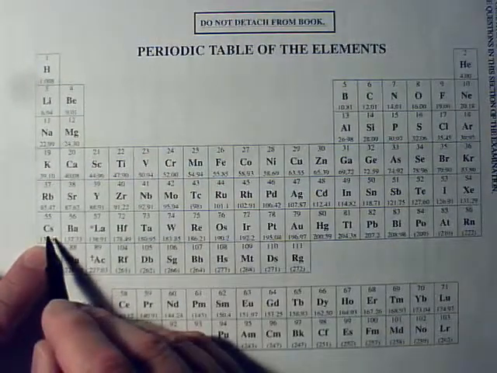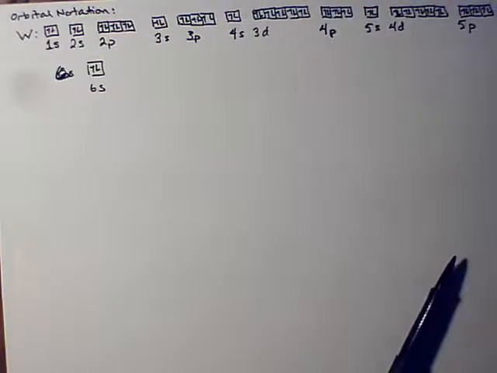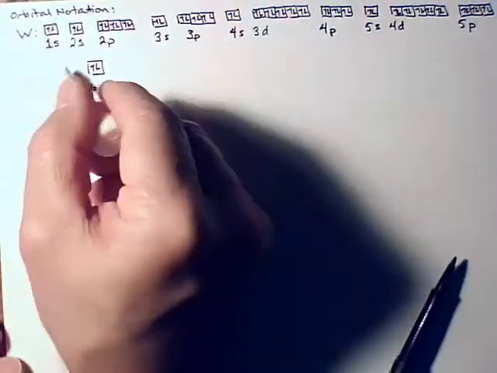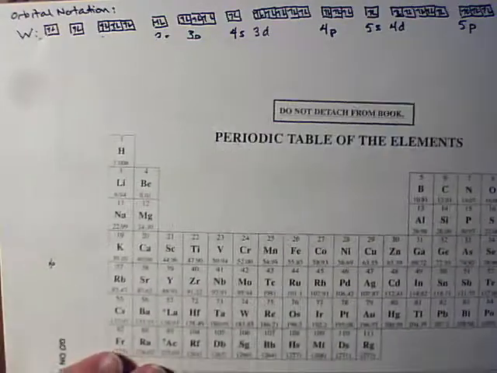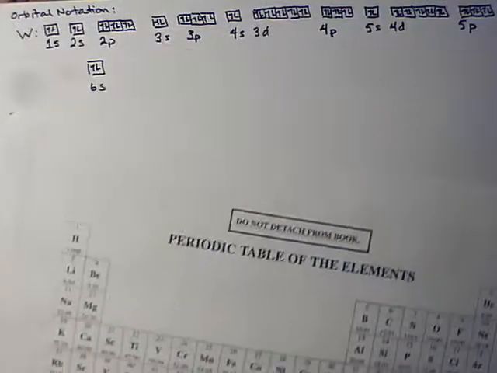We're going to fill up 6s, so there are 2 electrons in 6s. And then we're going to go to 5d, that's where lanthanum is located. So here's 6s, cesium, barium, 2 electrons, and then we're going to the lanthanum.